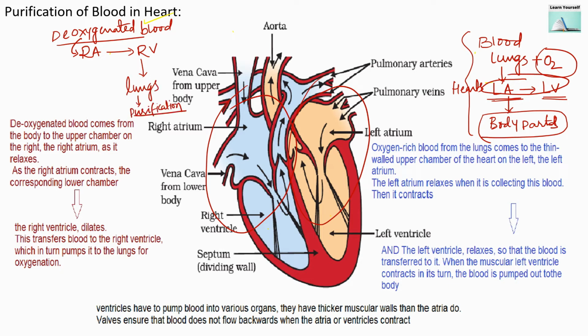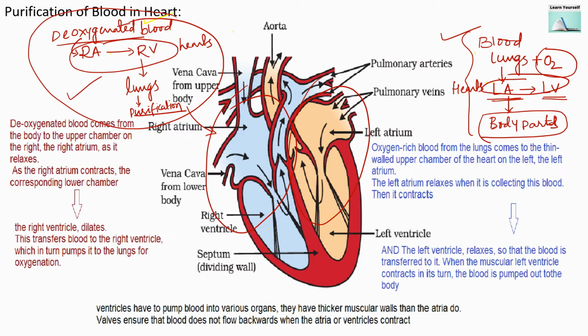So these are the parts of the heart and this is the blood flow in the right side of the heart. So the function of the right side and left side of the heart is completely different. The left side circulates the oxygenated blood and the right side collects the blood from the body parts and sends it to the lungs for purification.